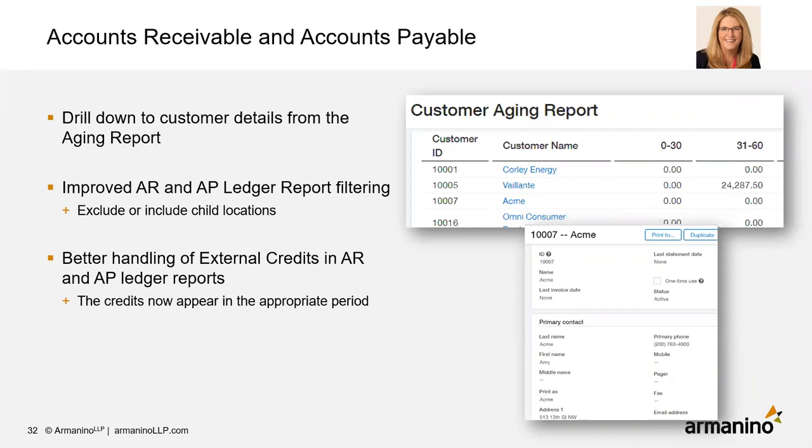They've also have better handling of external credits in accounts receivable and AP ledger reports. As many of you know, reconciling your AP and AR aging or ledger reports can be very challenging, and now the credits will appear in the appropriate period. I'm sure many of you are very happy for the hours that will be saved by that, I hope.